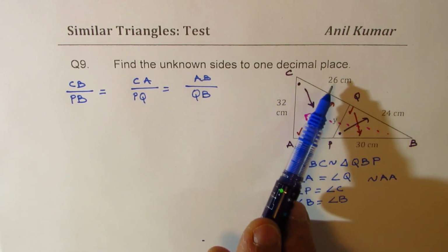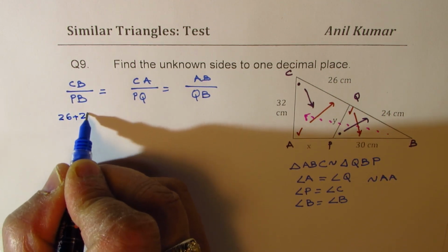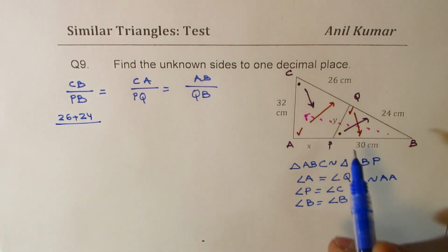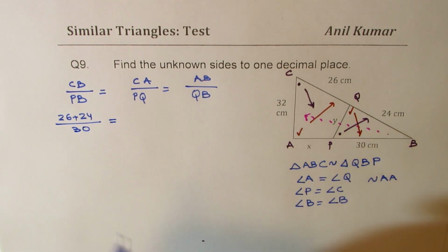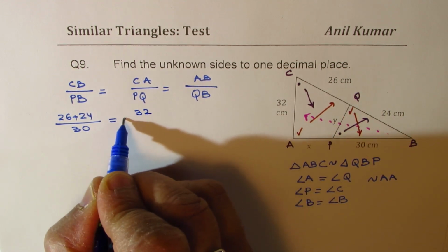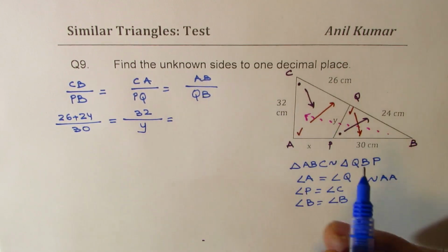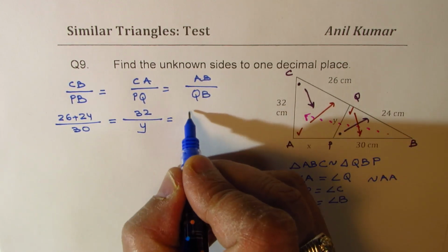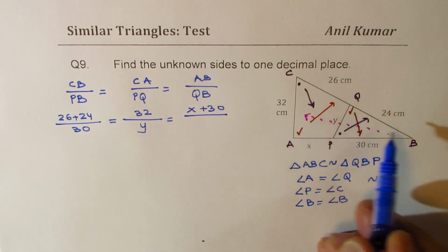C to B is 26 plus 24. P to B is 30. That should be equal to C to A, which is 32. PQ is Y. A to B is X plus 30. And Q to B is 24.